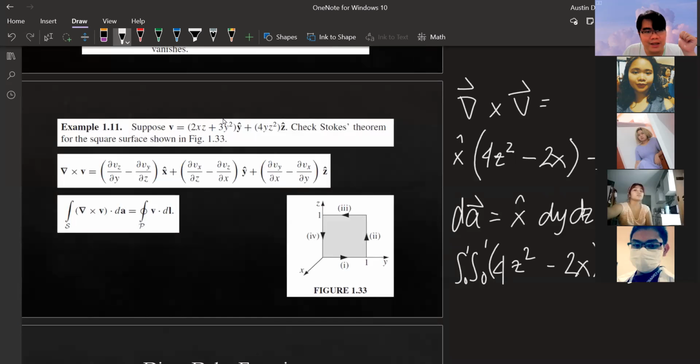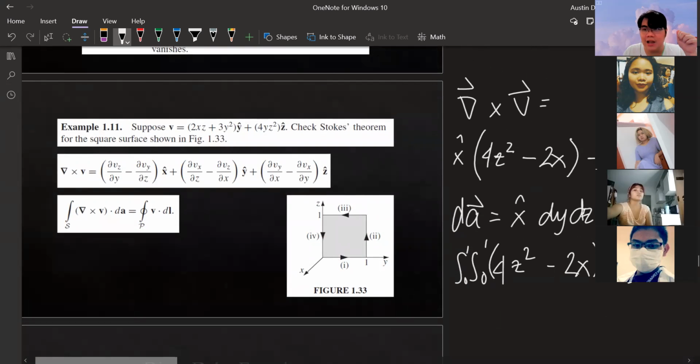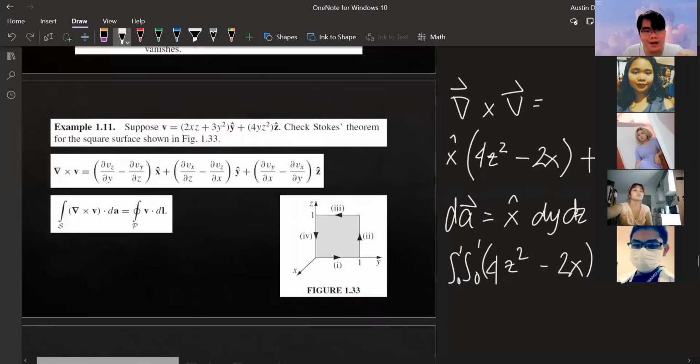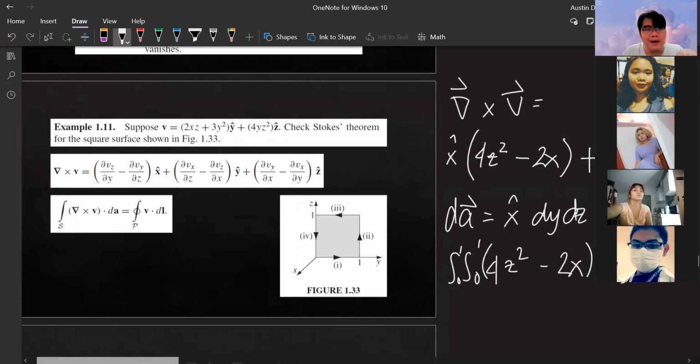So I'm left with 3y squared in the y hat. Is that clear? This line is at x equal to 0 and z equal to 0. So I'll plug in right away. Before, we plugged in the values of the remaining variable at the end, but we can do it at the start. So the first term is gone, and what remains is 3y squared.